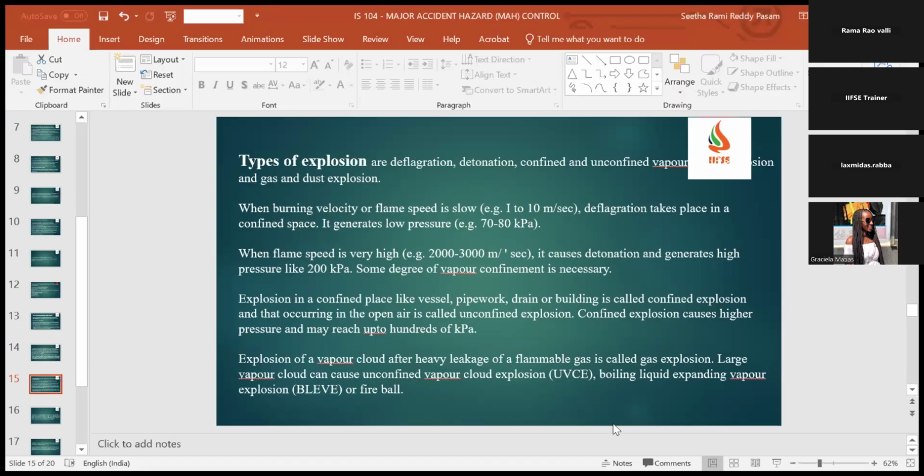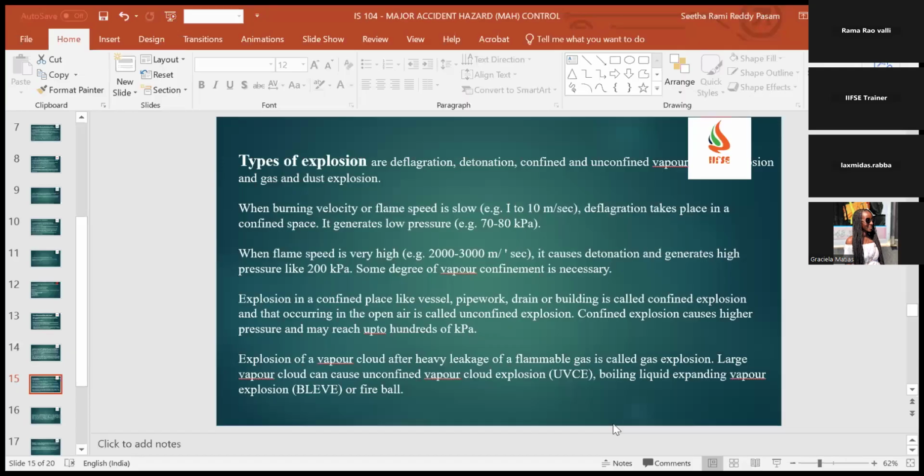Then we see the types of explosions: deflagration, detonation, confined and unconfined explosions, and gas and dust explosions. When the burning velocity or flame speed is slow, for example 1 to 10 meters per second, deflagration takes place, especially in confined spaces, and it generates low pressure.